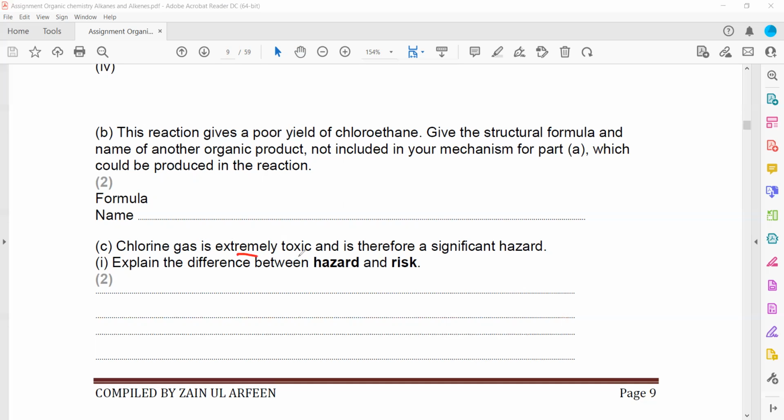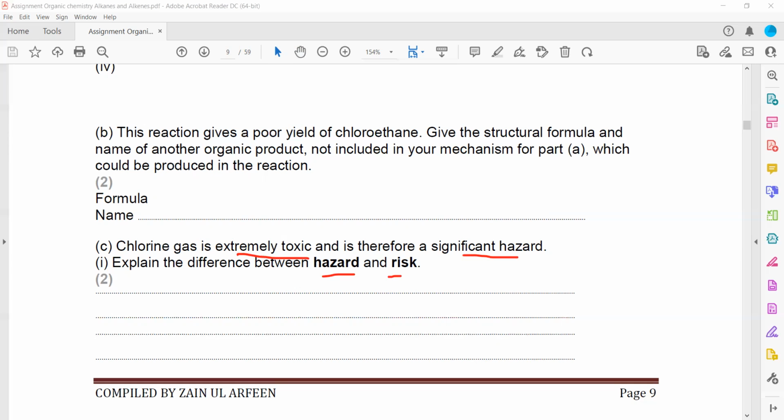Chlorine gas is extremely toxic and is therefore a significant hazard. What is the difference between a hazard and a risk? How do we define the term hazard? A hazard can cause harm or has the potential to cause harm, or can be dangerous.